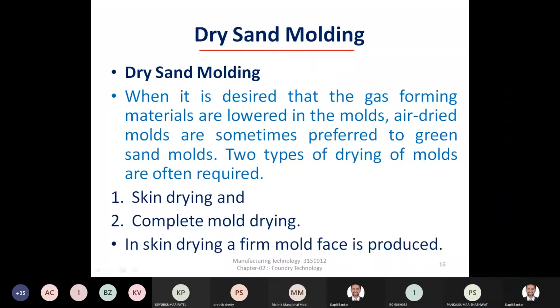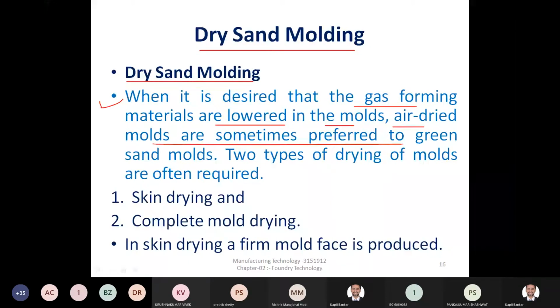In dry sand molding, when it is desired that the gas forming materials are lowered in the mold, air dried molds are sometimes preferred to green sand molds.